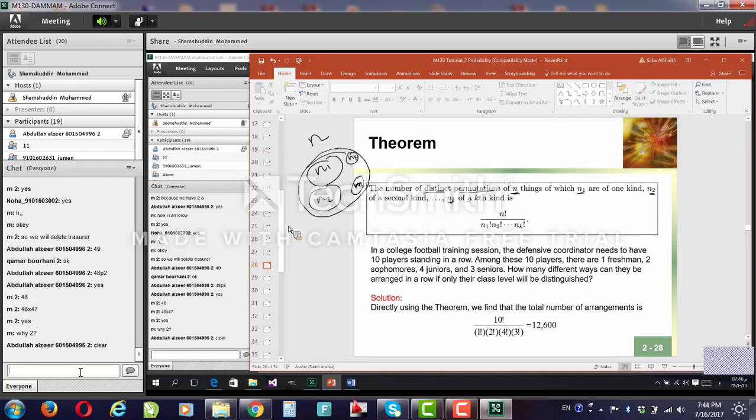The number of permutations in this case is n factorial over n1 factorial, n2 factorial, up to nk factorial.